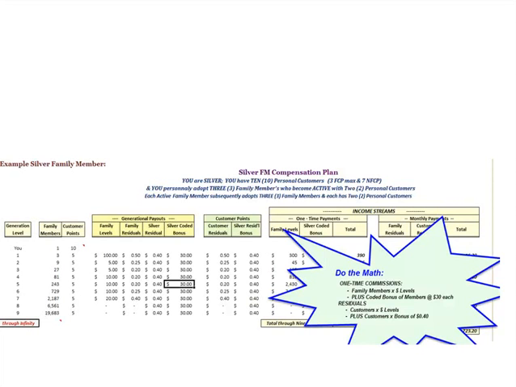There's one-time commissions. There's family members and levels, plus a coded bonus at the silver level of $30 each. As far as monthly residuals, you receive the basic ones through 7 generations, plus a bonus of 40 cents. So the numbers start to get really big at this point in time.